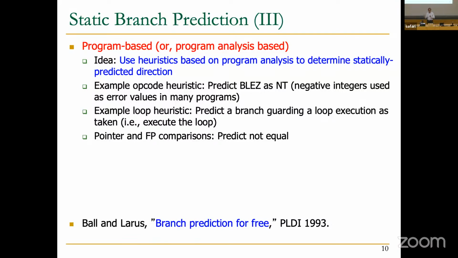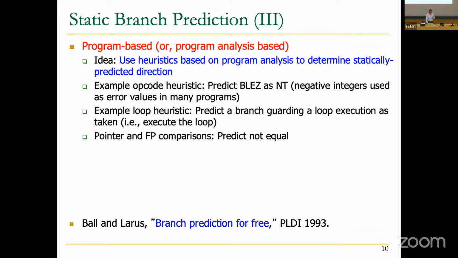So there is reasoning behind these heuristics, as you can see. If you're comparing 2 floating point values, which you should not do in your programs in general, because floating point is an inexact representation to begin with, right? Predict not equal. But the pointer is a more realistic use case, if you will. Hopefully this is clear.